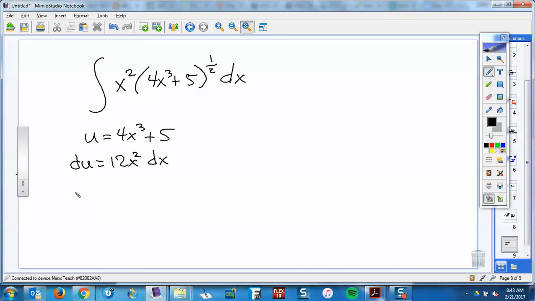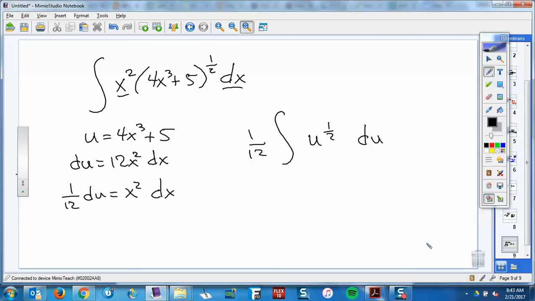Now the 12's not up there, so we'll just move that over. And we got x squared dx. So now your x squared and your dx are just 1/12 du, same thing. And then that's all u to the 1/2. Right? Now let's make sure we do our fractions correctly. So we raise this up to a 3/2. And we divide by 3/2, well, that means you times by 2/3.